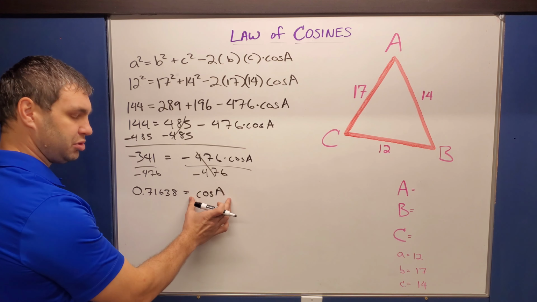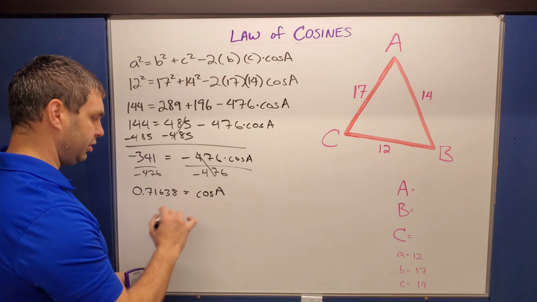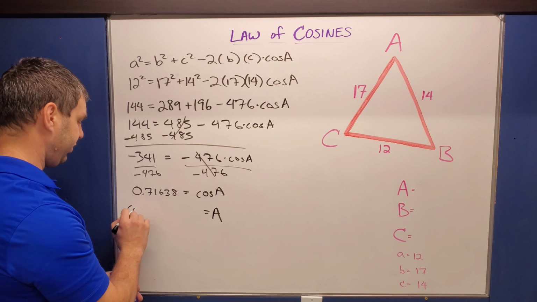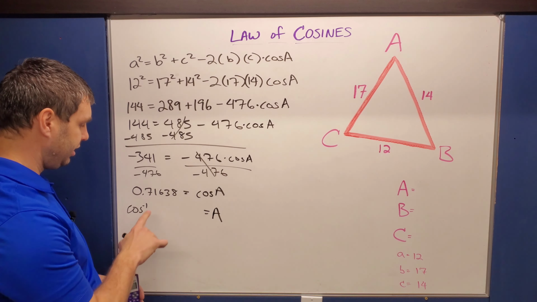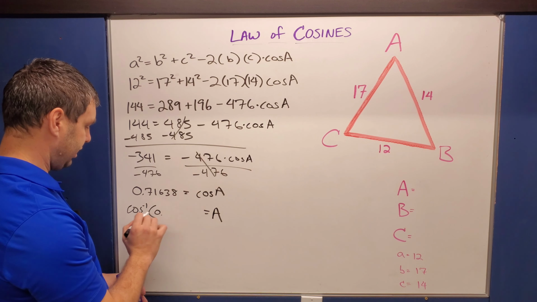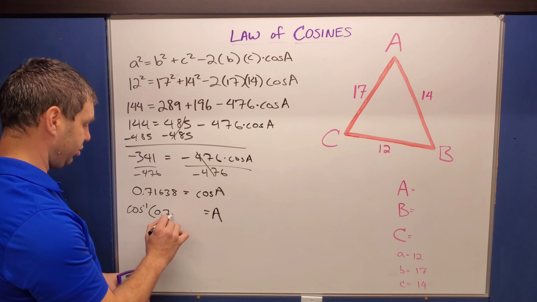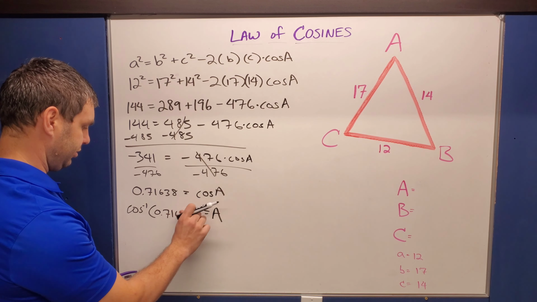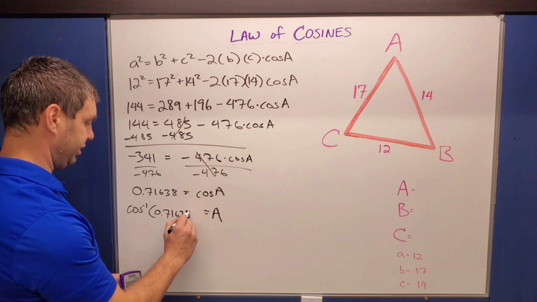Now, because it equals cosine of A, remember we have to use inverse trigonometry to solve for that. So we can say the inverse cosine of 0.71638, or whatever that number was, is going to equal A. It should still be in your calculator.